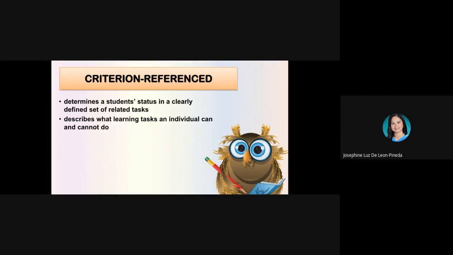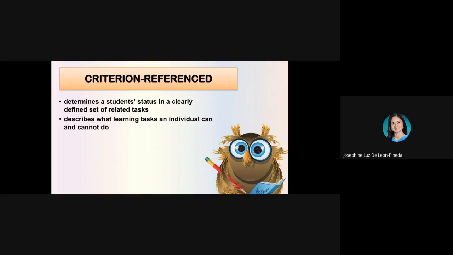Again, without considering how other students perform on the test. It's only your performance compared to the standard. Okay? Criterion reference tests are often used with cut scores, to place students into categories such as basic, proficient, and advanced.